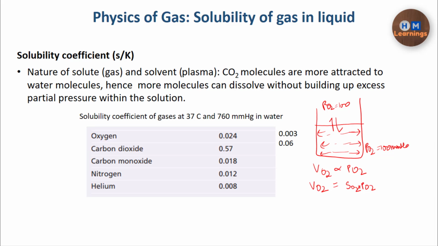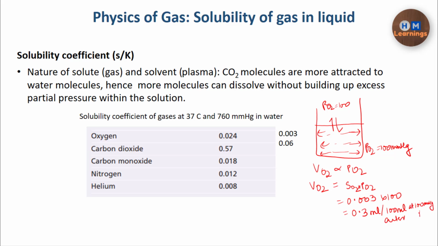So if we have arterial plasma, and we calculate the amount of oxygen in it, the solubility coefficient is 0.003 into 100 mmHg. So you get 0.3 ml of oxygen dissolved in 100 ml of arterial blood at 100 mmHg of partial pressure.